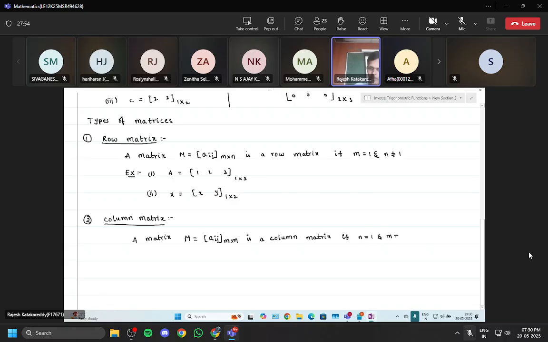If the number of columns is equals to 1 and number of rows is not equals to 1, that is a column matrix.